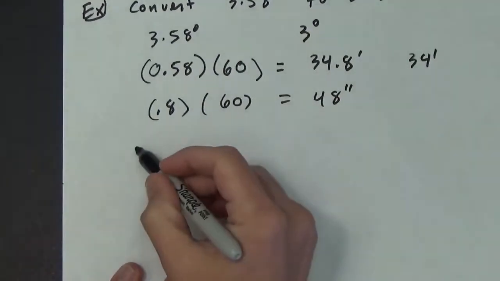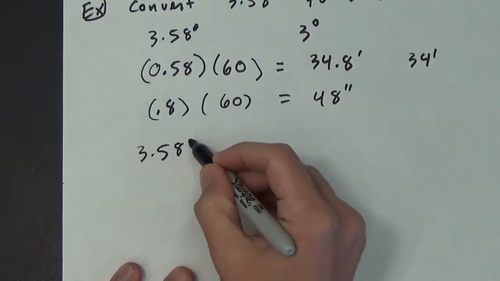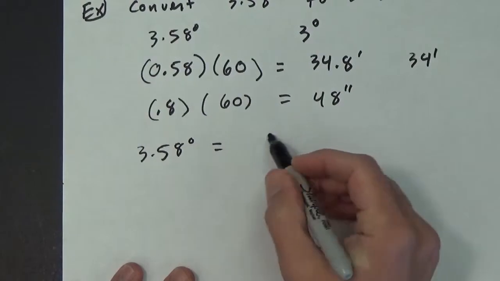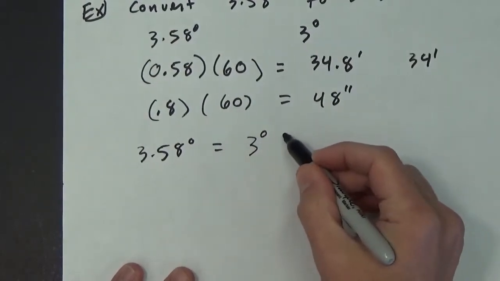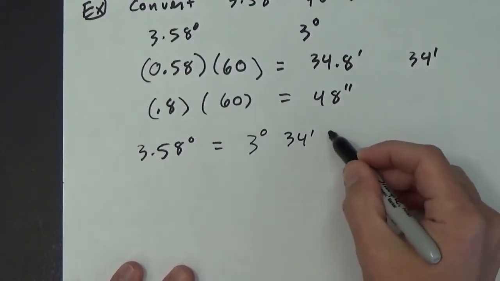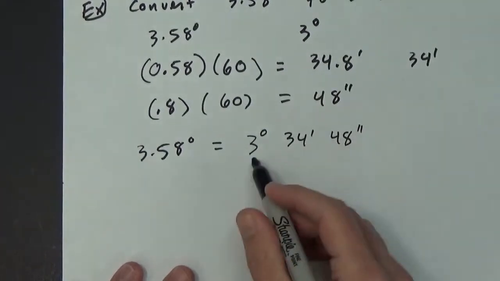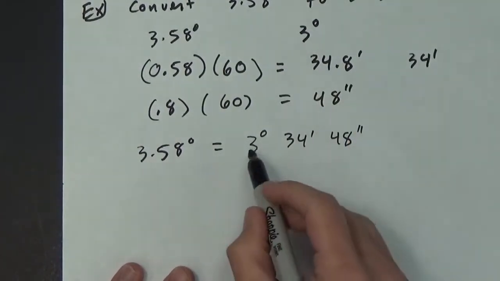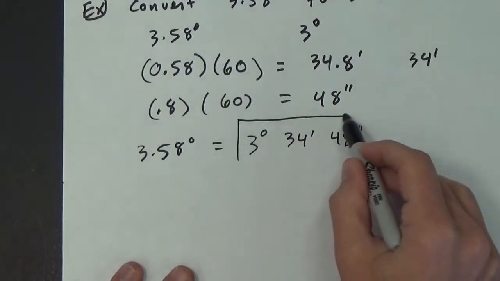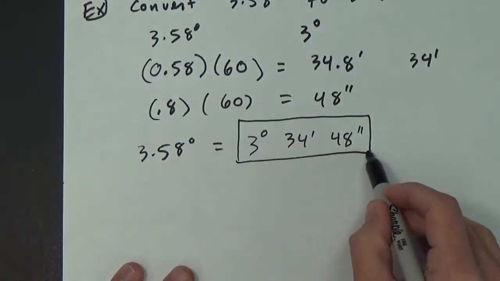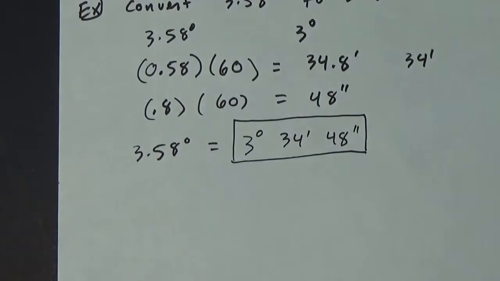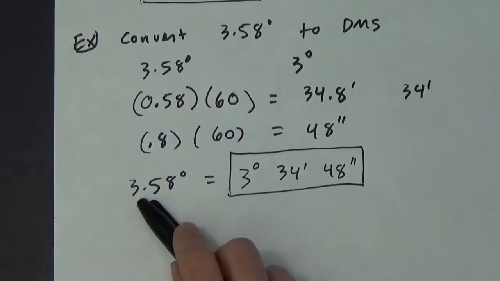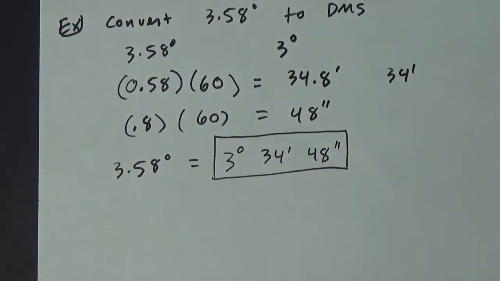And so we put it all together, and 3.58 degrees is equivalent to 3 degrees, 34 minutes, and 48 seconds. If there are ever any decimals with the seconds, you just round off to a couple of decimals, and that's pretty much all you need. But there is our angle now back in DMS.